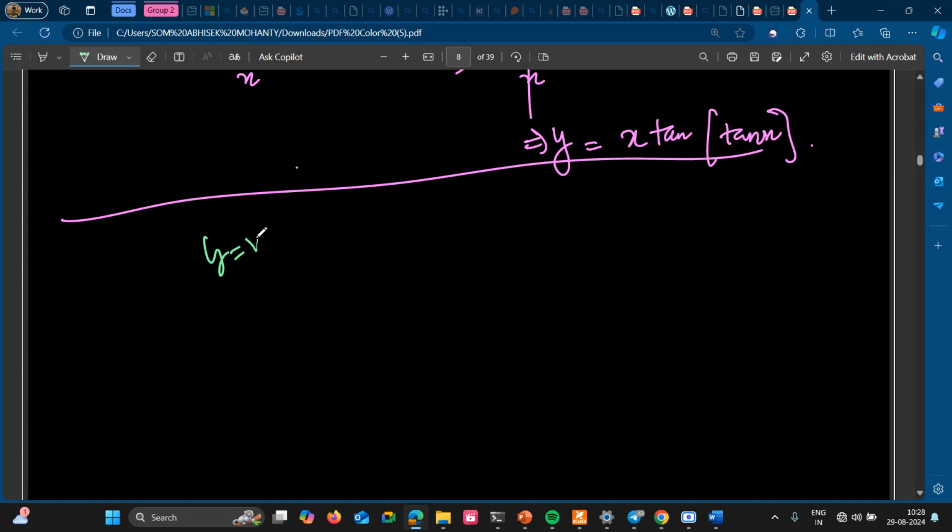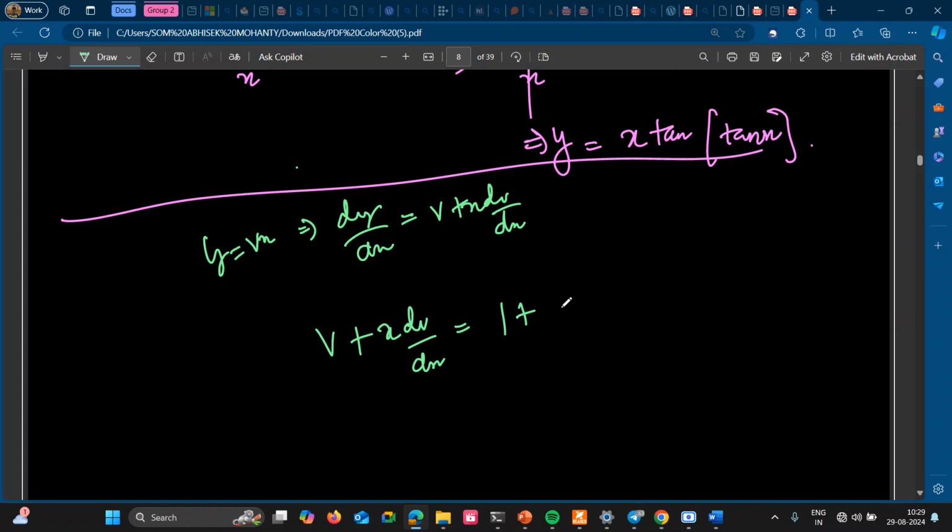Y is equal to vx, so v plus x dv by dx. So v plus x dv by dx is equal to 1 plus v, sorry, 1 plus v minus, again, v square.